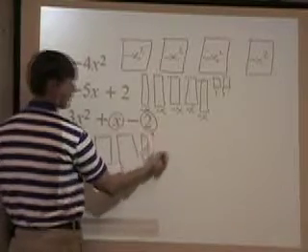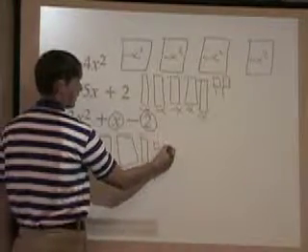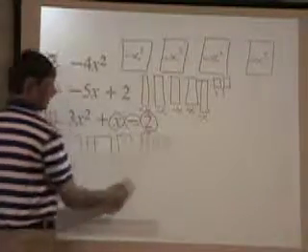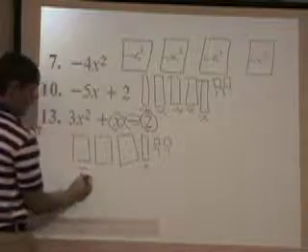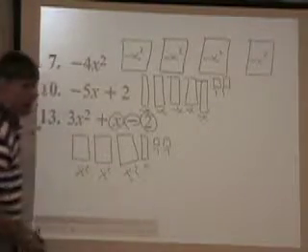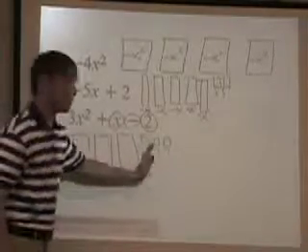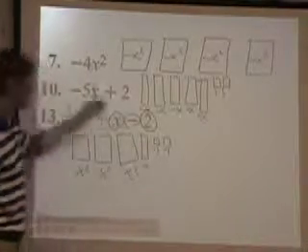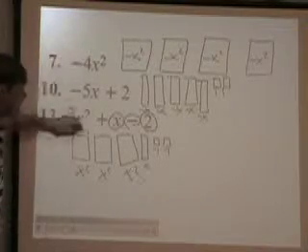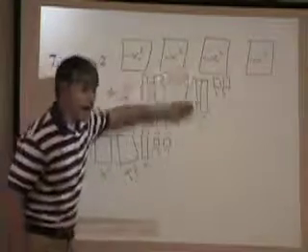And how do you write this? 2 little ones that are negative. So negative 1 makes negative 2. X, and then x squared, x squared, x squared. All together, this is 3x squared plus x plus negative 2, which is what you got here. So you're making these into algebra tiles.